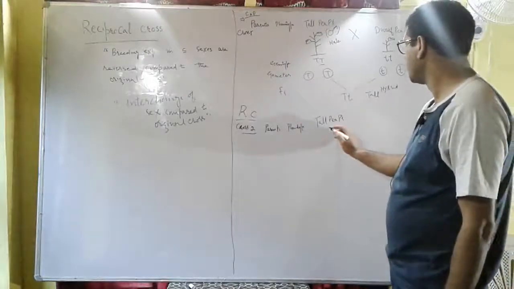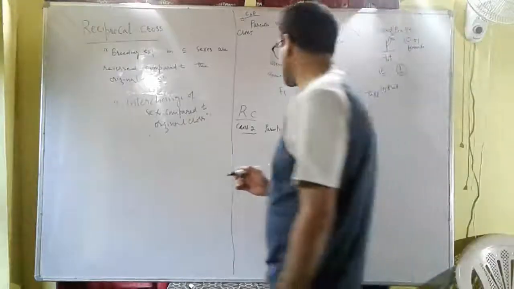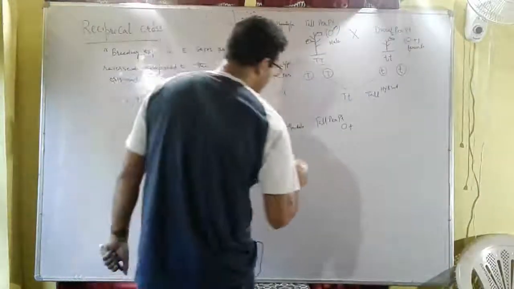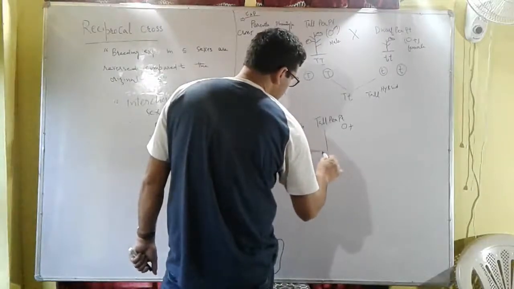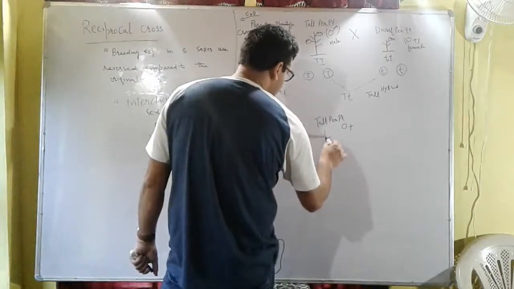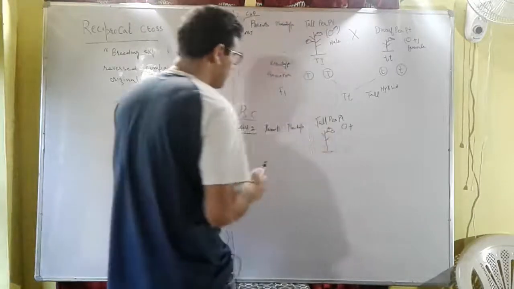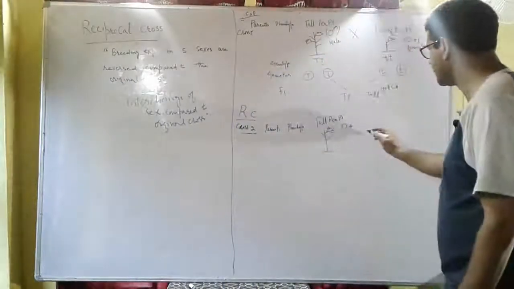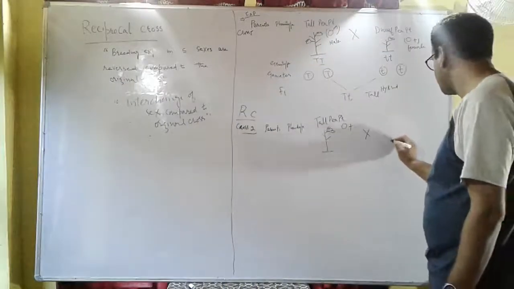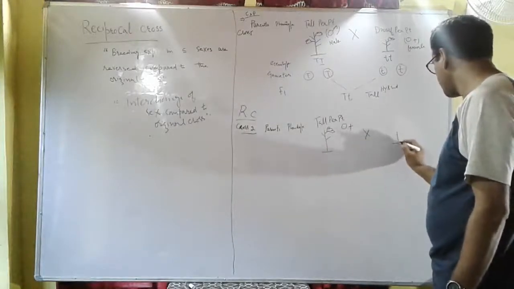This is the tall pea plant, the female parent. It is being crossed with a dwarf pea plant.